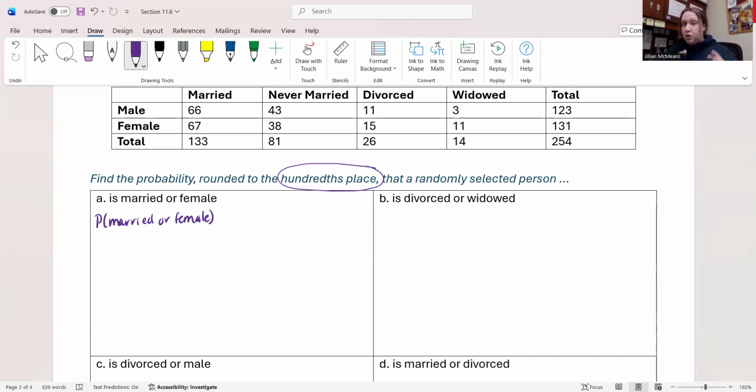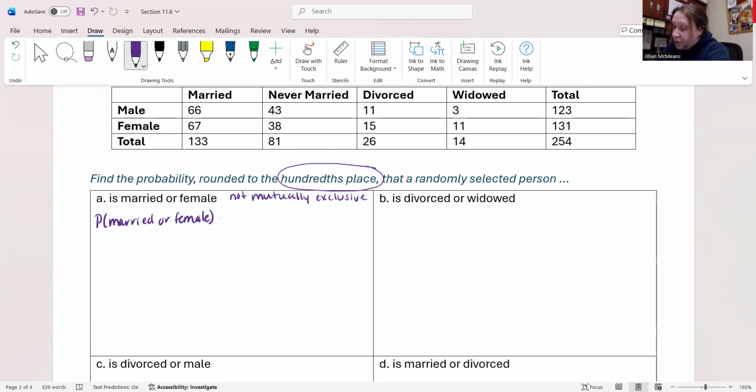Remember, mutually exclusive is when they could never happen at the same time. That doesn't make sense here because you can be female and married. There's overlap. So in this case, we would say these events are not mutually exclusive. That means there is overlap.